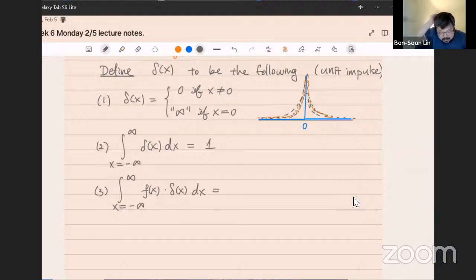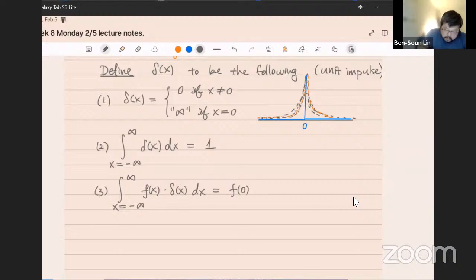Well, because the delta function is 0 everywhere, this function is going to be ignored everywhere except at x equal to 0. And at x equal to 0, we have a total mass of 1. That 1 is going to be multiplied by f of x at 0. So we'll define the value of this integral to be f of 0, just the value of f at 0. That is the effect of integrating a function against this delta function.